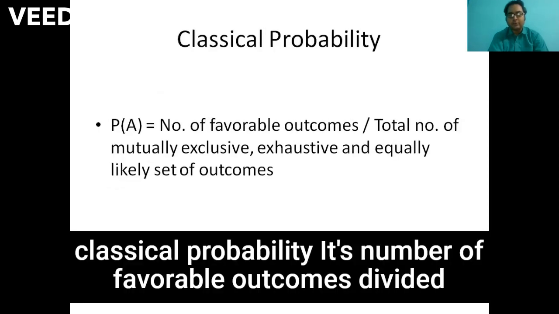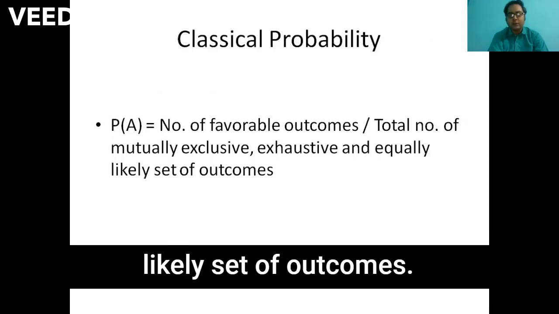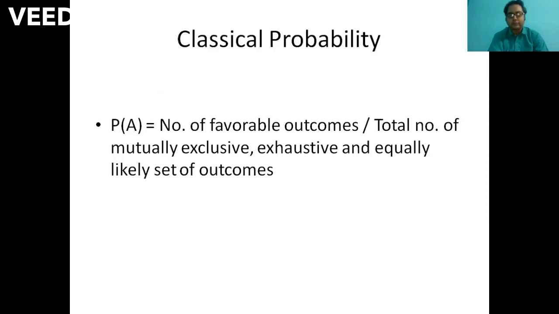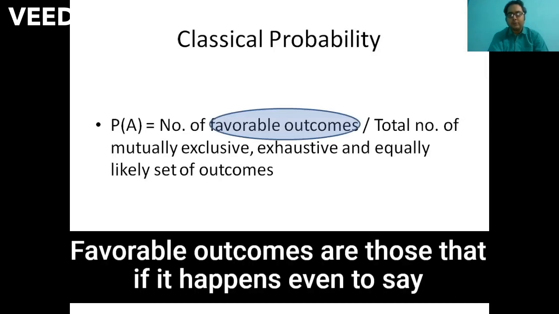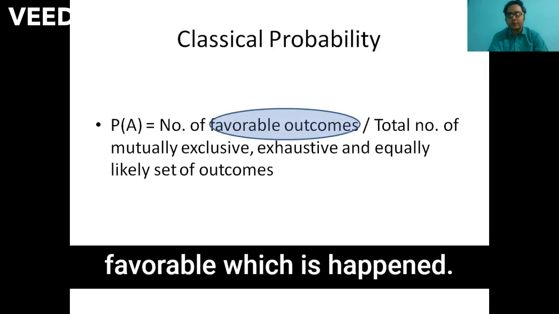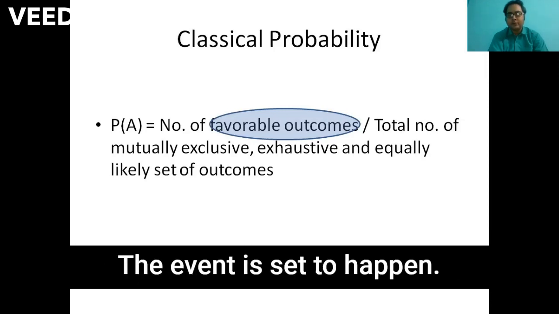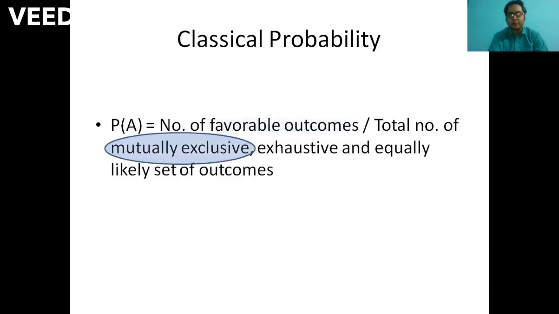Classical probability is number of favorable outcomes divided by total number of mutually exclusive, exhaustive and equally likely set of outcomes. First, we have to understand what is favorable outcome. Favorable outcomes are those that if happen, the event is said to have happened. Out of the entire bunch of outcomes, those are favorable which if happen, the event is said to have happened. Next is mutually exclusive.